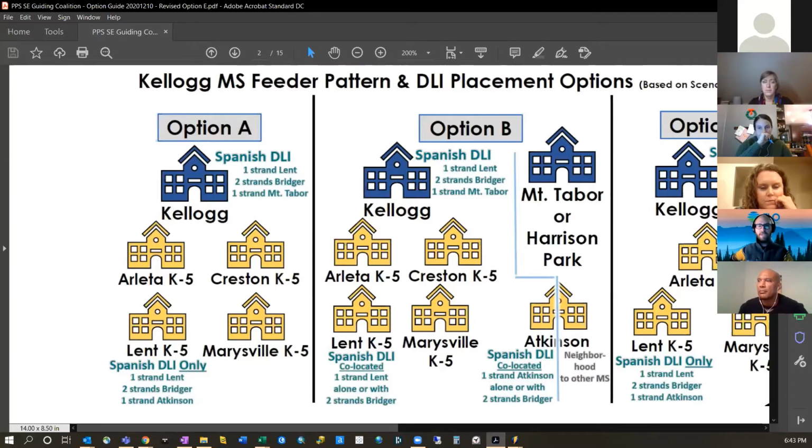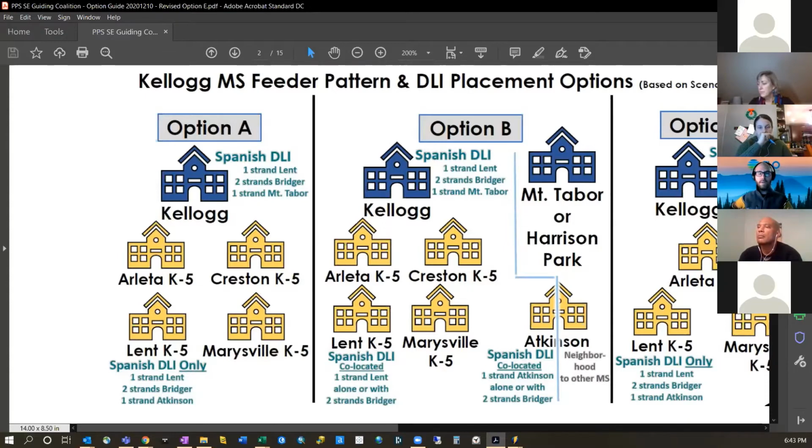The main difference here is a phase 2 issue, which is around whether it's a whole school Spanish DLI K-5 model at Lent, or if it's co-located between Lent and Atkinson at the K-5 level there.